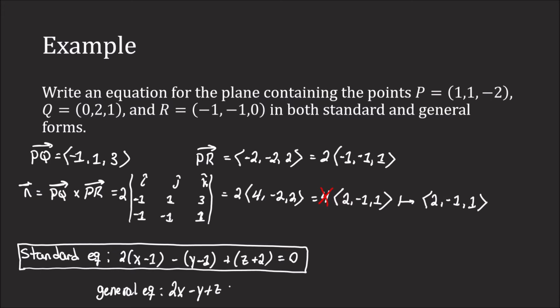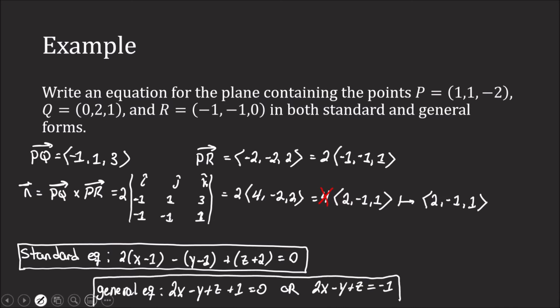That's just plus 1. So you can have 2x minus y plus z plus 1 equals 0, or you can also have 2x minus y plus z is equal to minus 1. Either of these equations would satisfy the general equation.